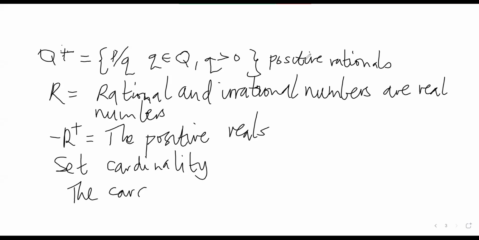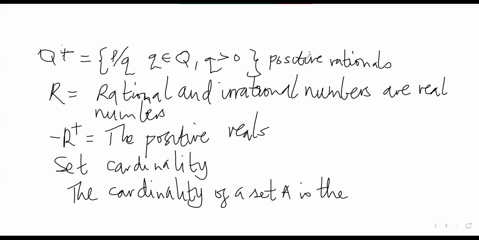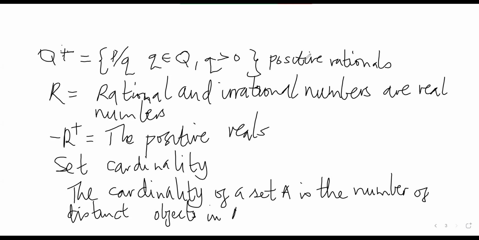The cardinality of a set A is the number of distinct objects in A. And it is written symbolically with two vertical lines around A, the cardinality of A.